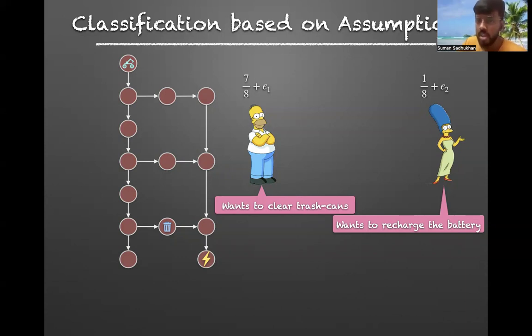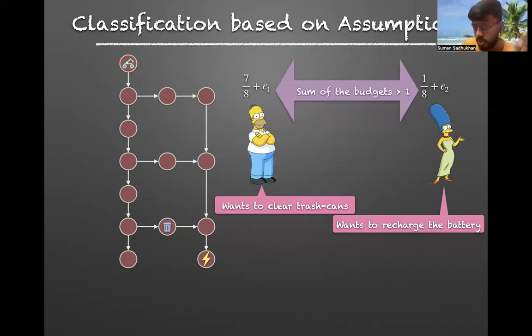But because the sum of this is greater than 1, we cannot just compose their bidding strategies blindly. So what is the solution in this case? Here the strong synthesis fails.